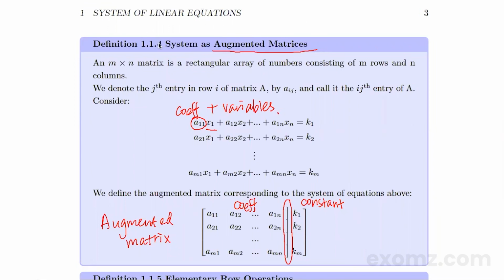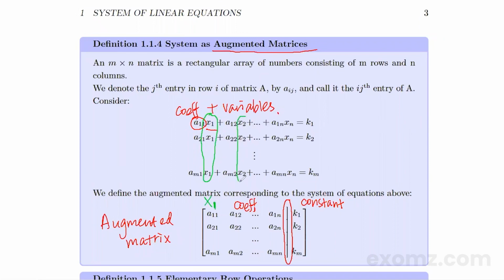So you might be wondering, where did the variables go? The variables are actually represented by each column. For the first column, as we can see, the first column are all x1s. So actually, there's a hidden x1 right here.